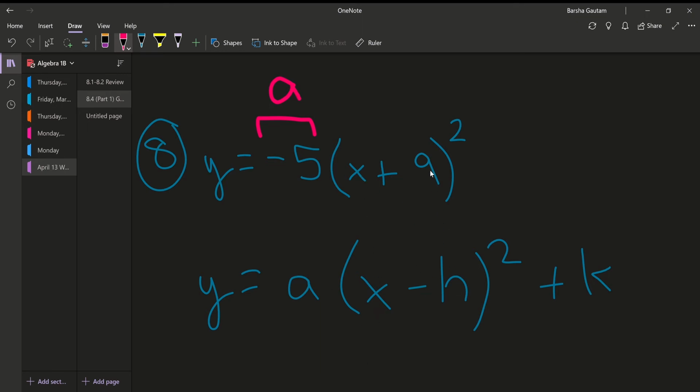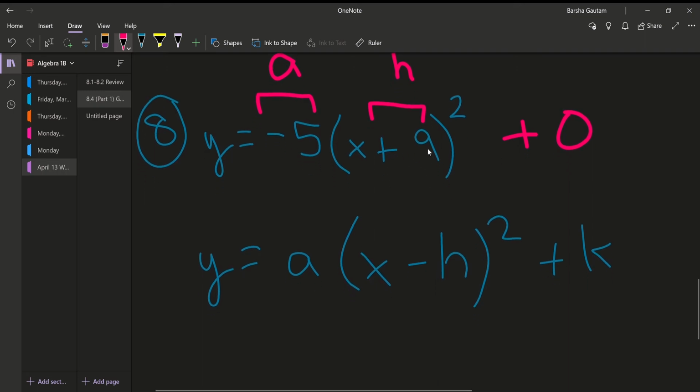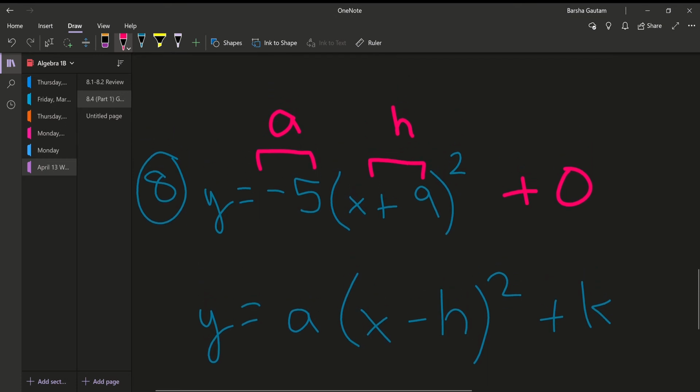Our h is going to be right here. And what is our k? There's nothing here, so we're going to assume it's 0. And remember, it says negative h. So in order to get negative h, what do we have to do here to get positive 9? It's going to have to be negative 9, right? So our h is equal to negative 9.